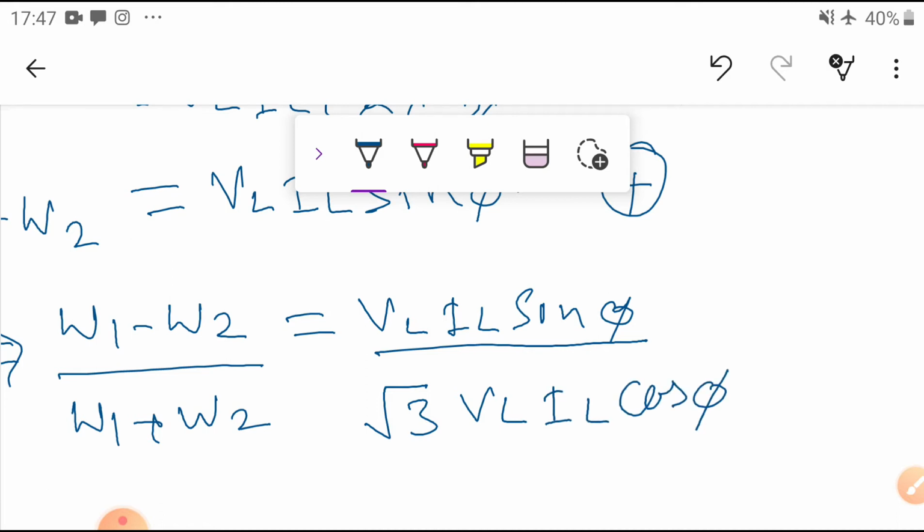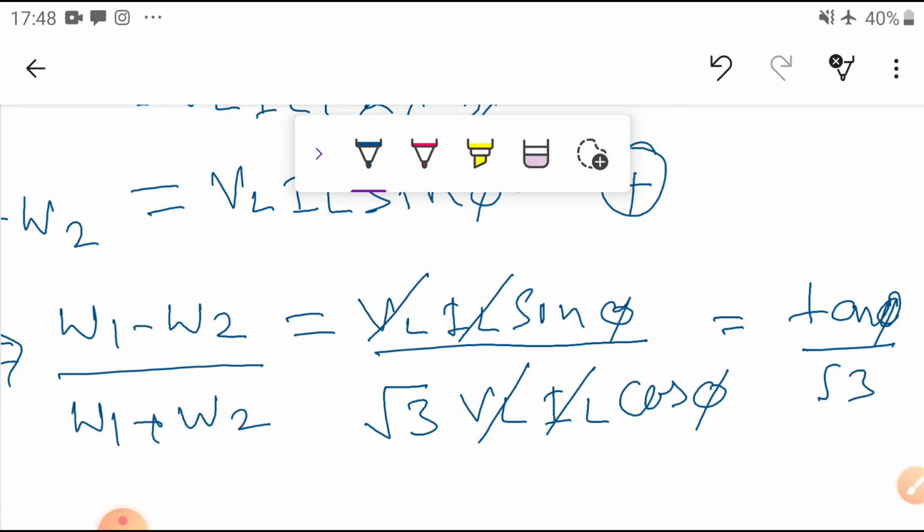VL gets cancelled, IL gets cancelled. So sin theta by cos theta is equal to tan theta, so I can write tan phi by root 3.